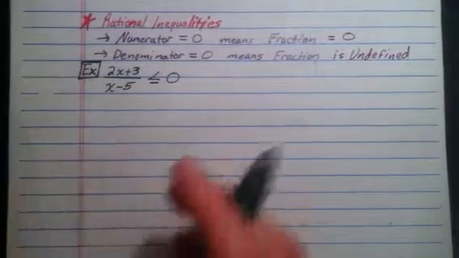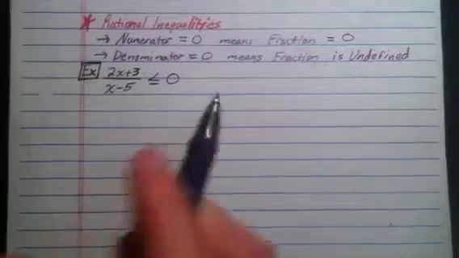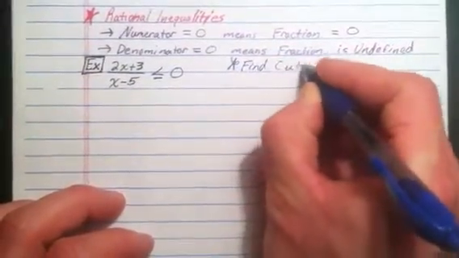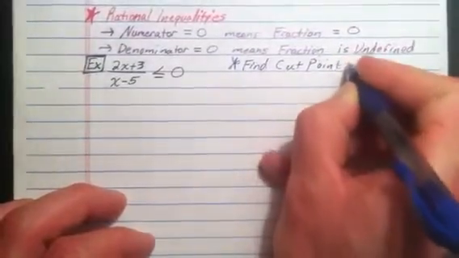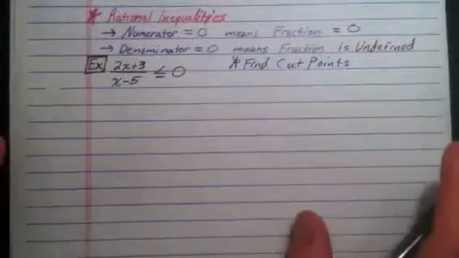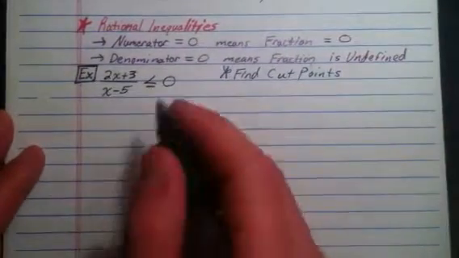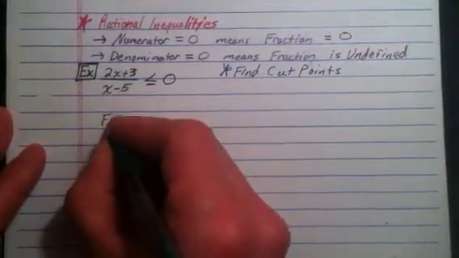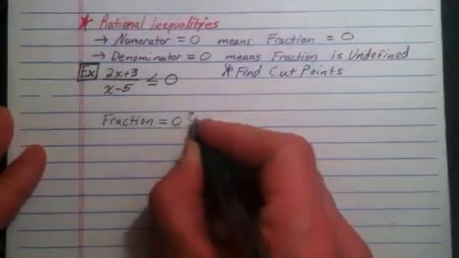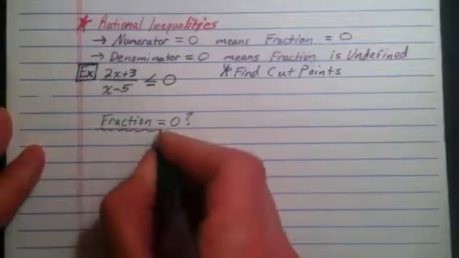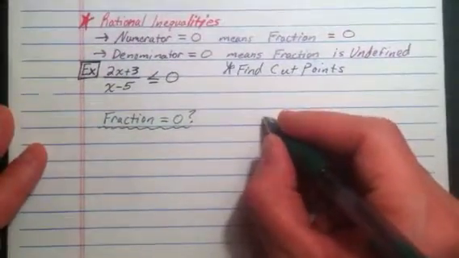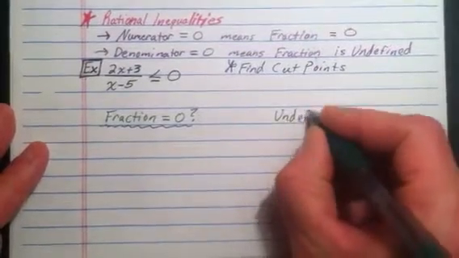So, to find our cut points, let's first find what x value is going to make the fraction equal 0. Then we can look at what is going to make the fraction be undefined.